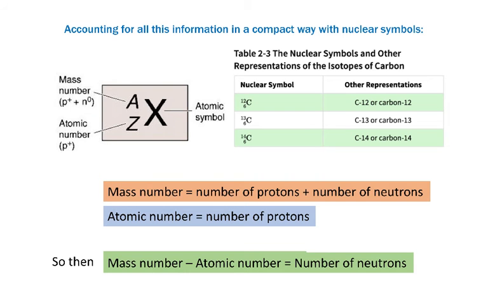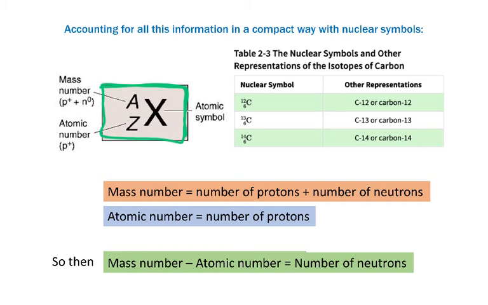We can account for all of this information in a compact way with nuclear symbols. So this is a little bit different than the periodic table that we just saw before. It has the atomic symbol still. X is just a placeholder in this case. Could be K for potassium or Ca for calcium.